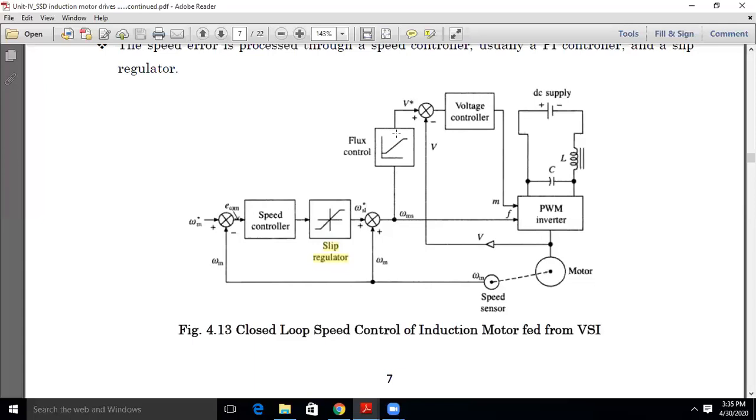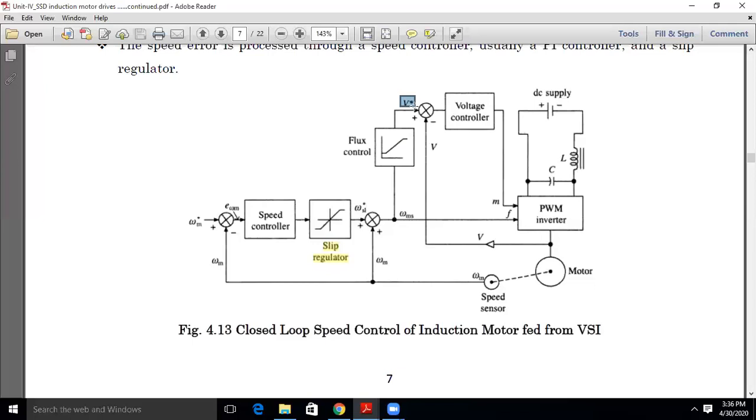How much voltage is required, I am setting as the voltage reference, let us say v star. So this flux controller will produce the output as voltage reference v star.